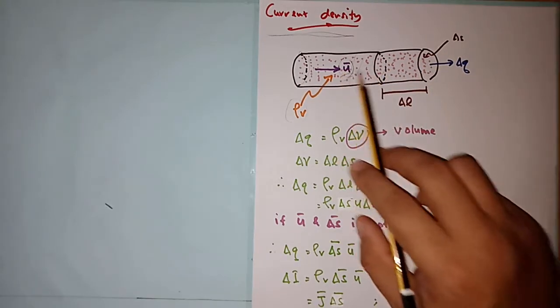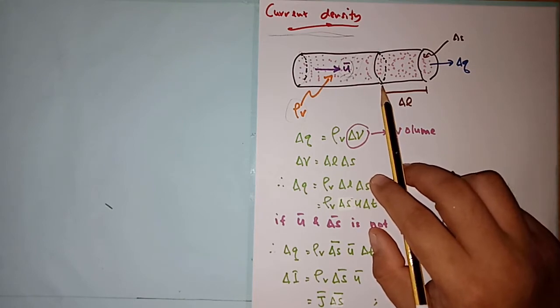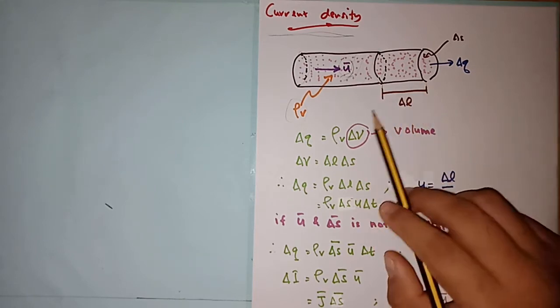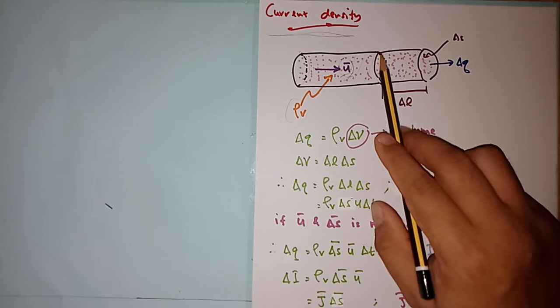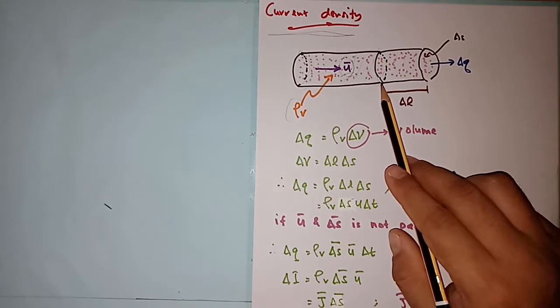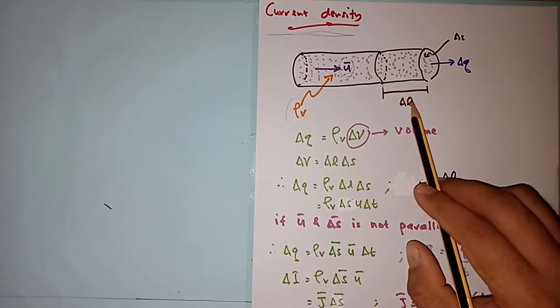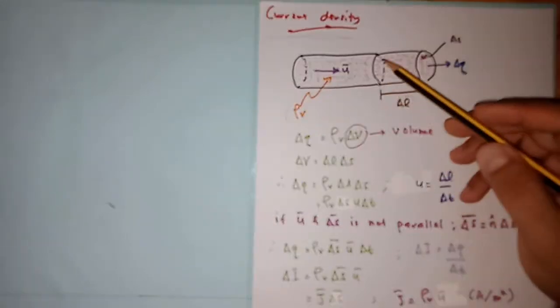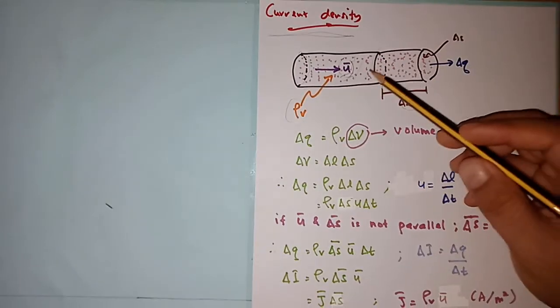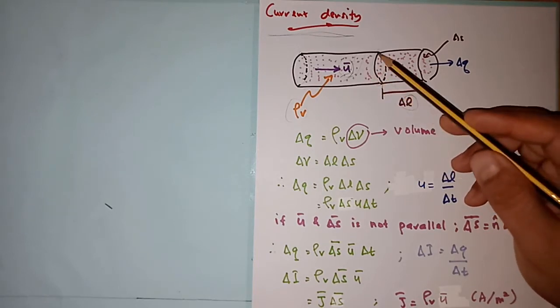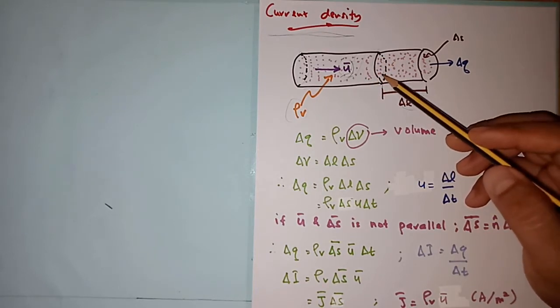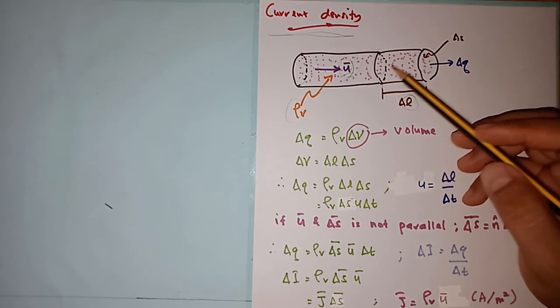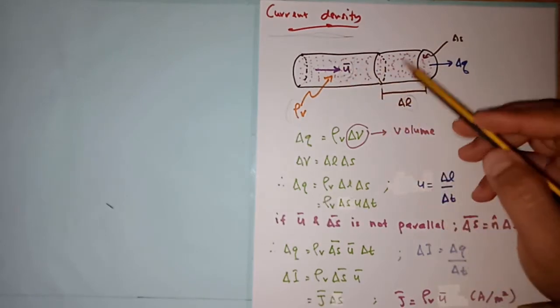If we extend the conductor a bit from this point to this point, the length of the conductor has been extended by delta L here, and the area of this conductor is not changed, or is the same between the first part and the second part.